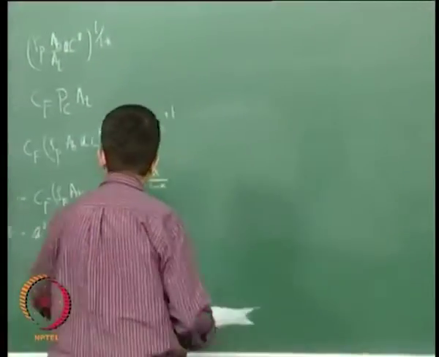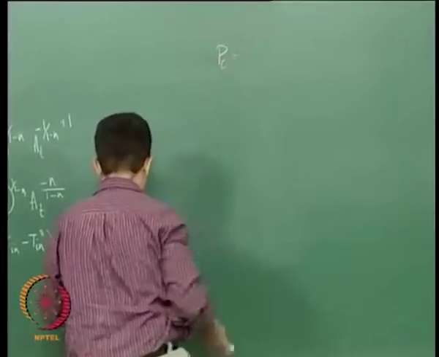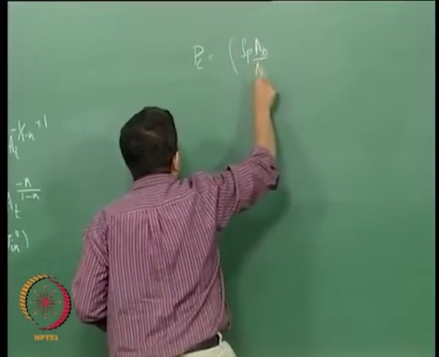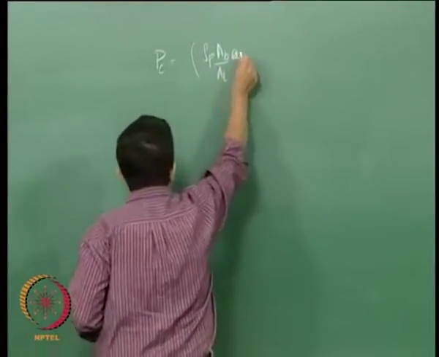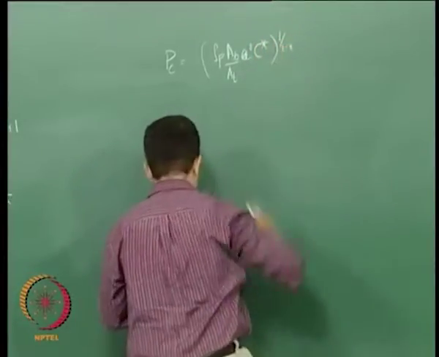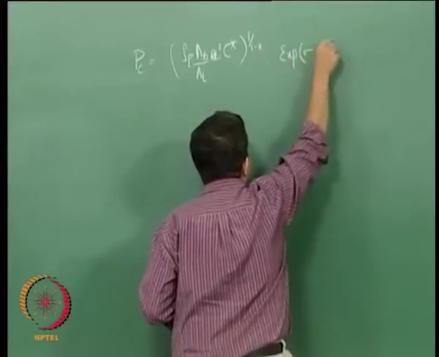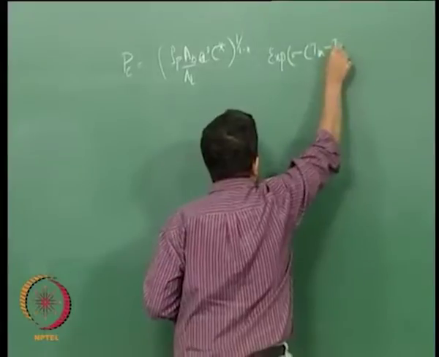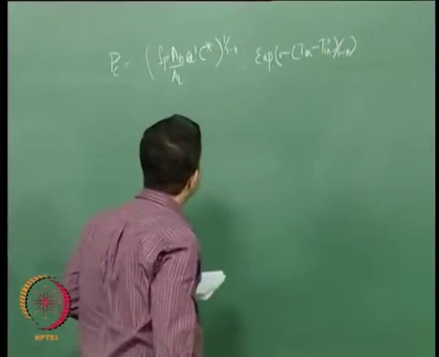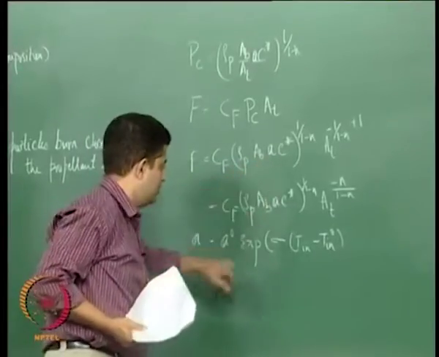So, if you plug in the A variation also, you will get P c into exponential of, okay, and similarly f will also have, you can expand A in terms of this.